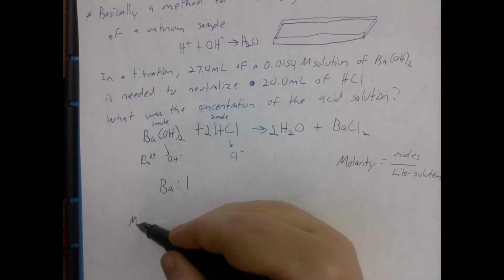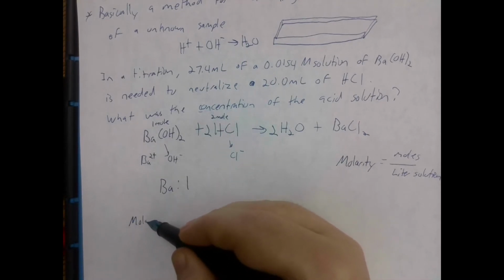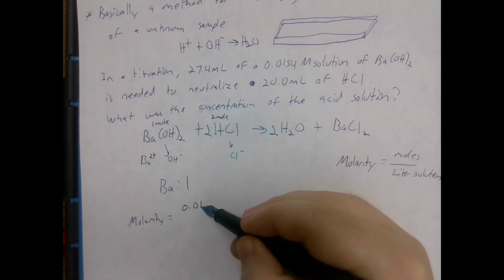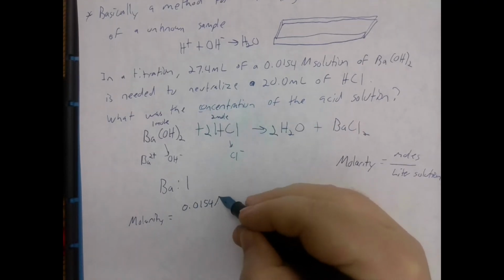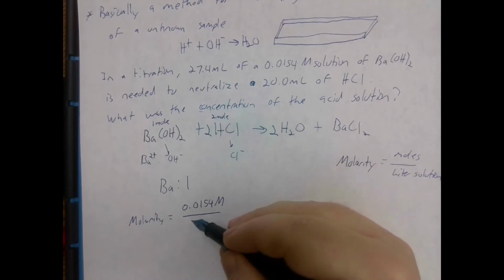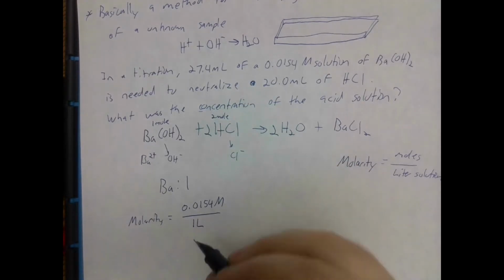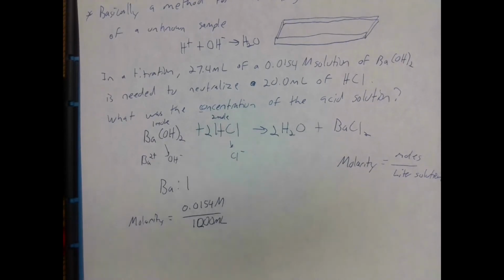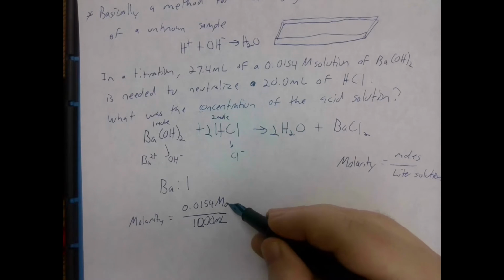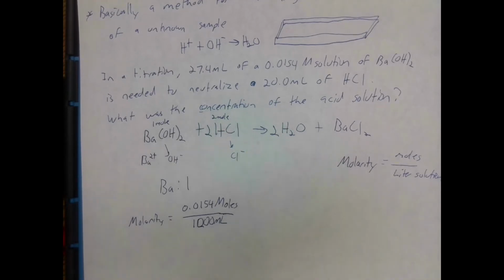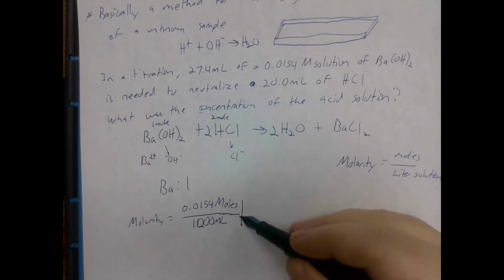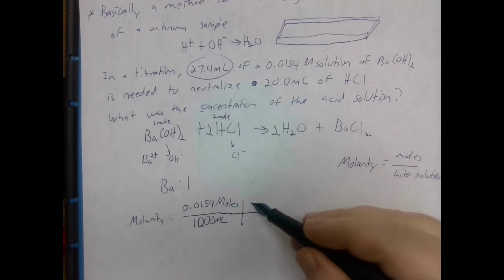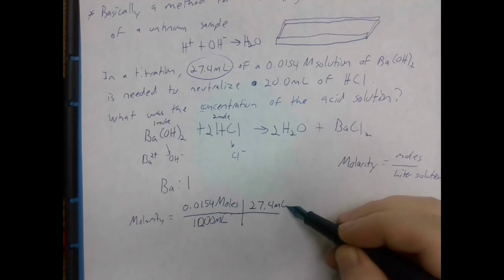So the molarity that we're using is 0.0154 moles per 1 liter. Our 1 liter is equivalent to 1,000 milliliters. And I want to get just moles, so what will I multiply? 27.4 milliliters.